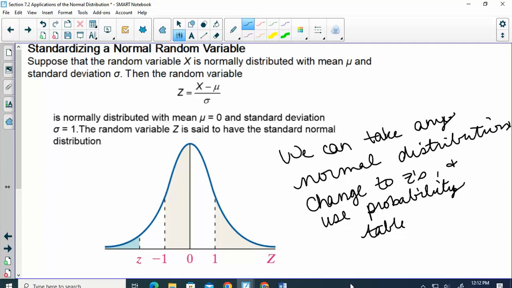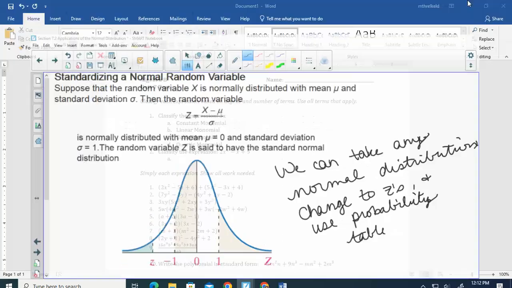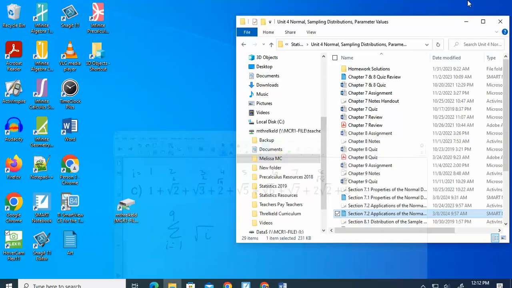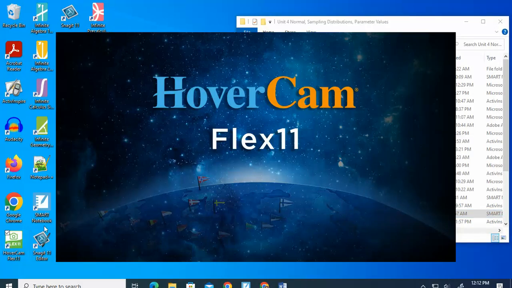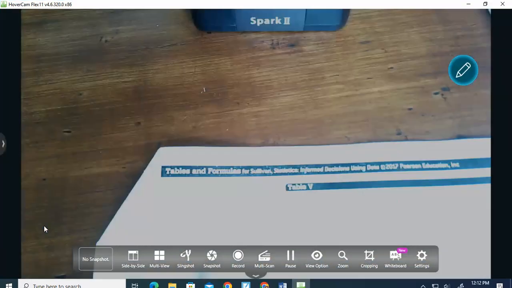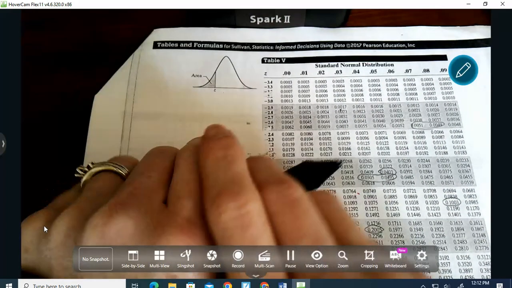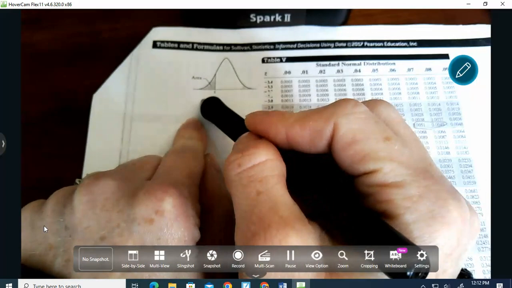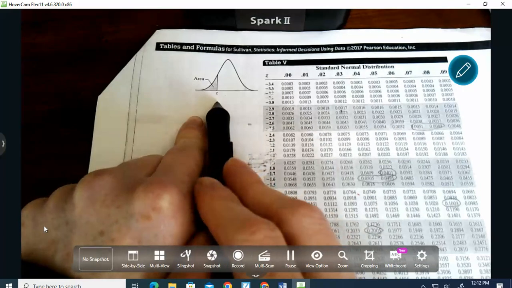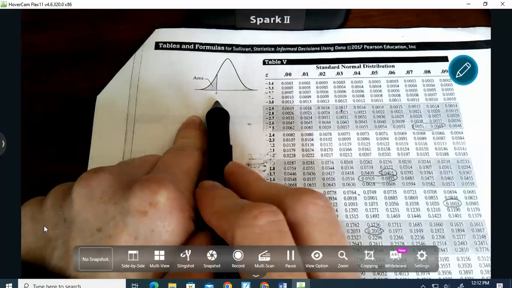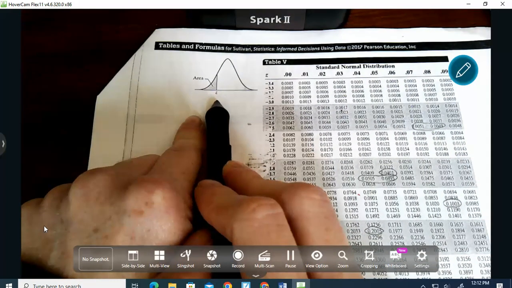If you look on here, up at the top, it gives you this normal distribution and it shows you here's your z, and then it's got a shaded region. This table is giving you the probability of being less than a particular value.